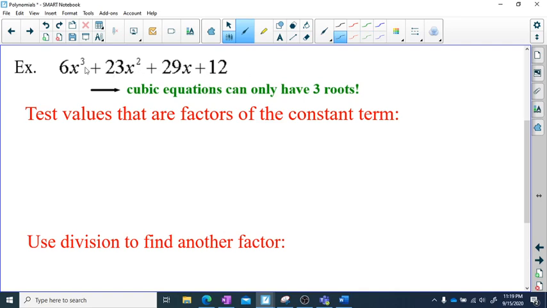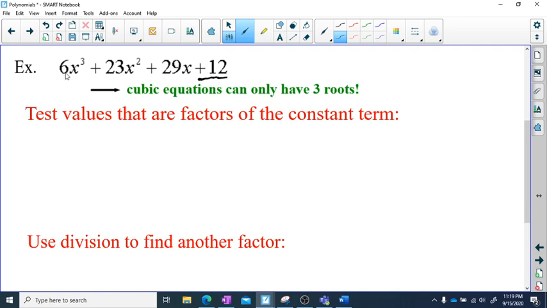A cubic expression like this can have up to 3 factors. It says here 3 roots or 3 solutions. If it was to the 4th power, you could get 4 factors at max. So this one I know at max has 3 different factors, if it does factor at all. Not every polynomial factors.